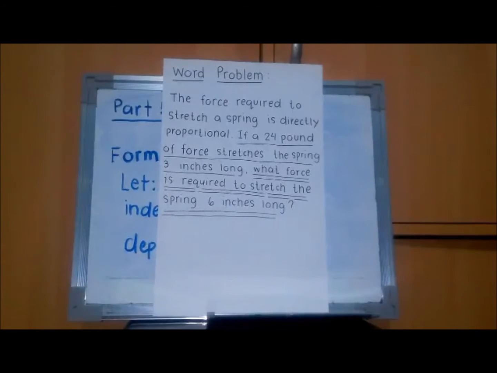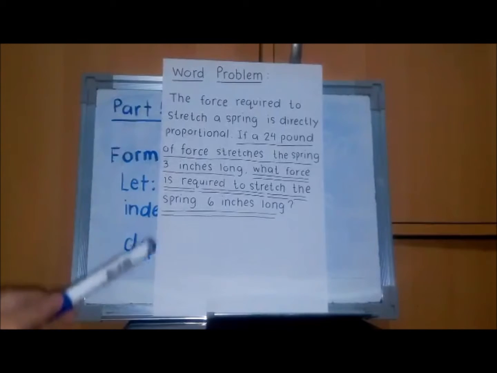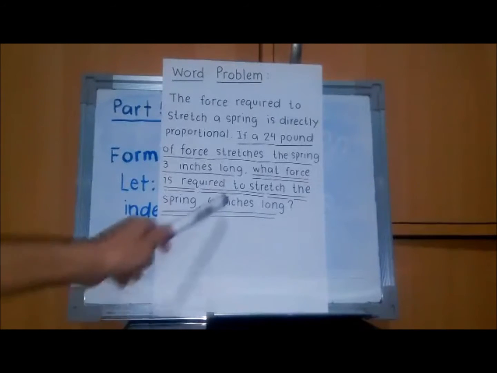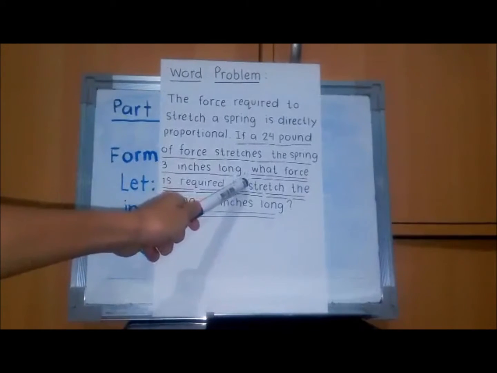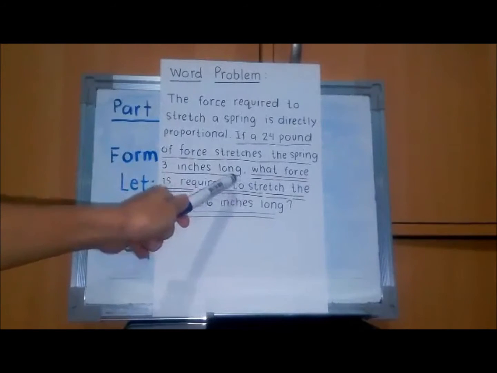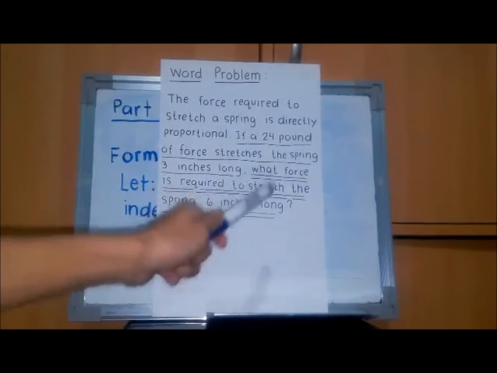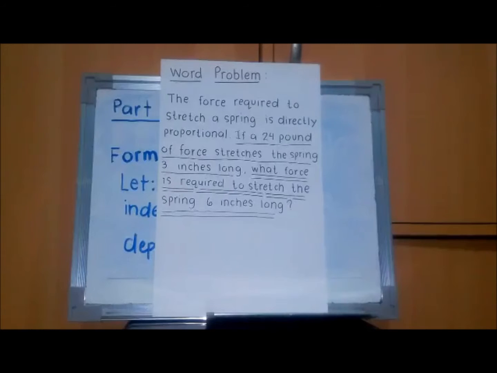Now, if a 24-pound force stretches the spring 3 inches long, that is the independent. There's a comma there, if it can be seen clearly, and what remains is the dependent statement.